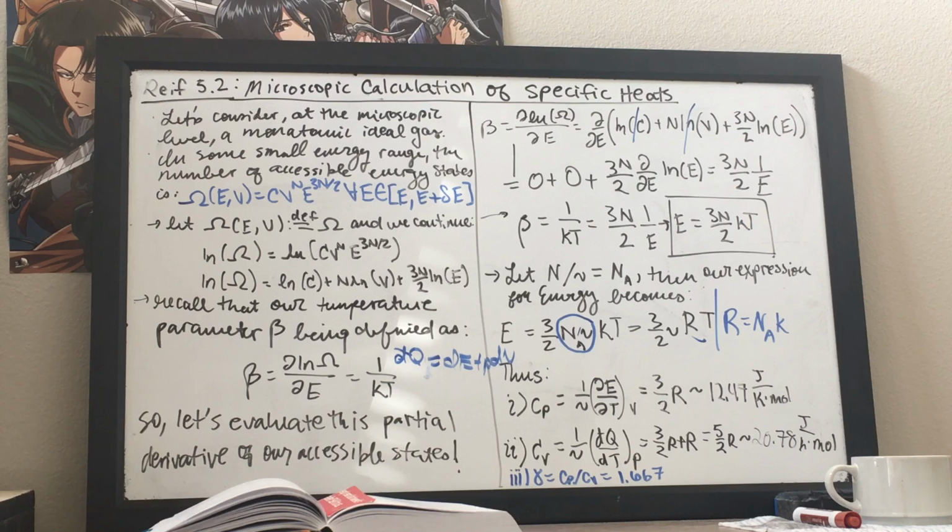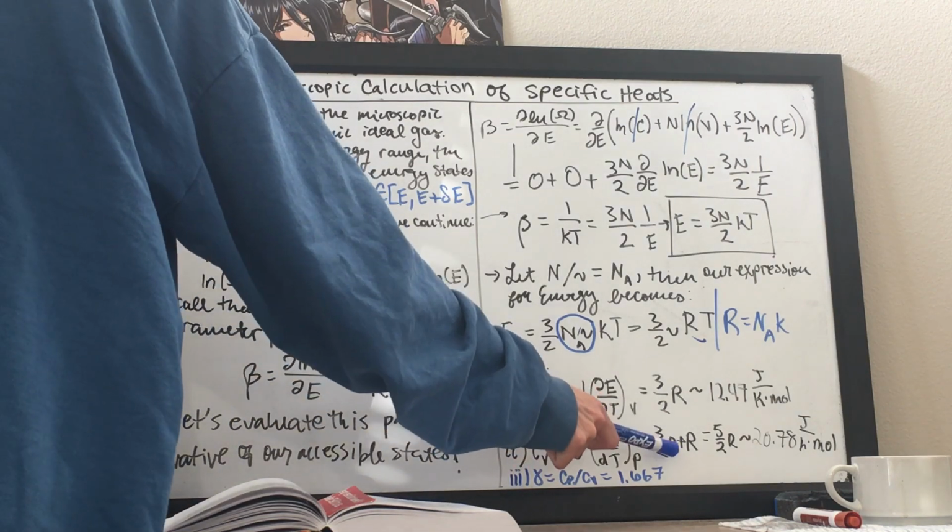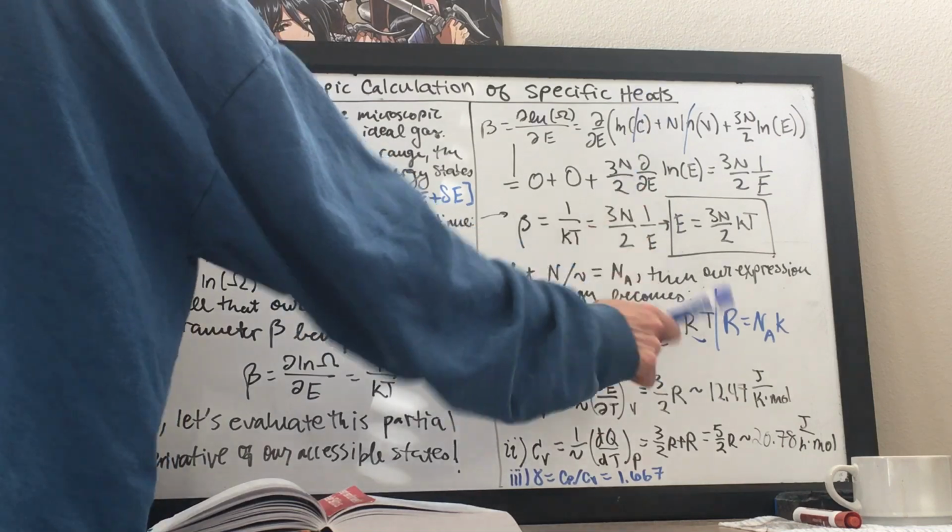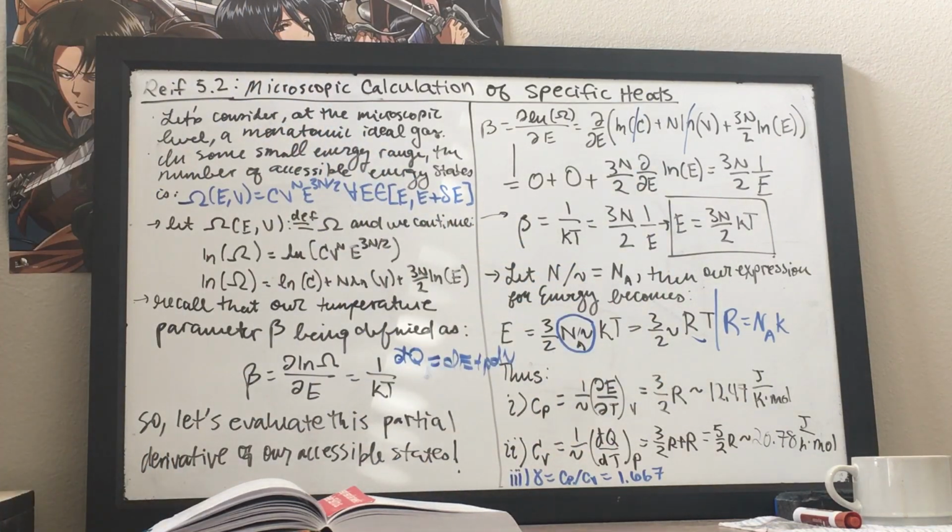We can take our partial derivative with respect to temperature and then divide by the number of moles that we have, and we actually get that it is equal to 3/2 R plus R, which gives us 5/2 R, which evaluates to about 20.78 joules per degree Kelvin times the number of moles we have.